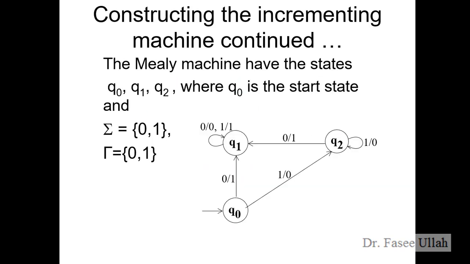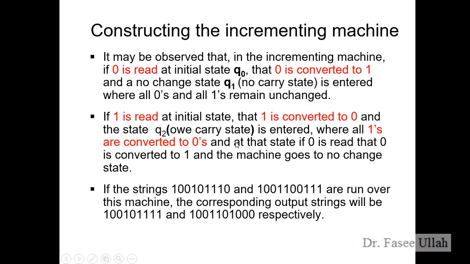Over here we have the 3 steps, so these are the different values. Constructing the Mealy machine, it may be observed that in the increment machine, if 0 is read in the initial state Q, the 0 is converted to 1 and a no change state Q1 is entered, where all the remaining bits are unchanged.